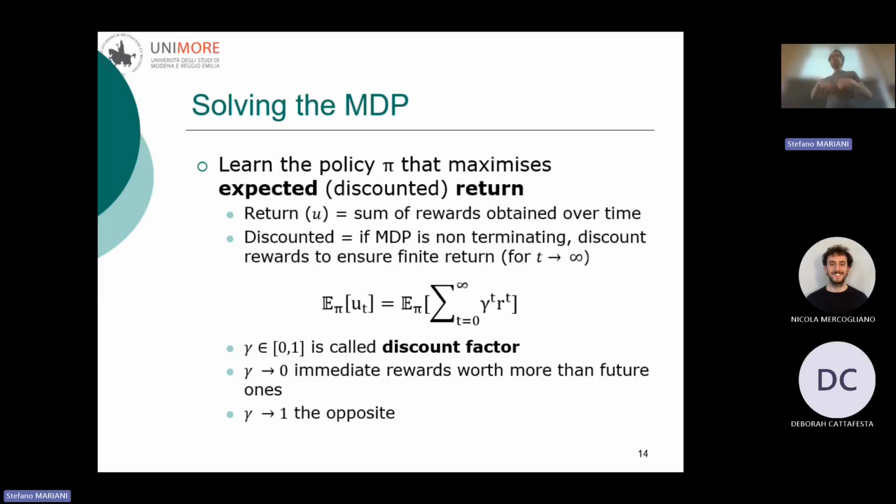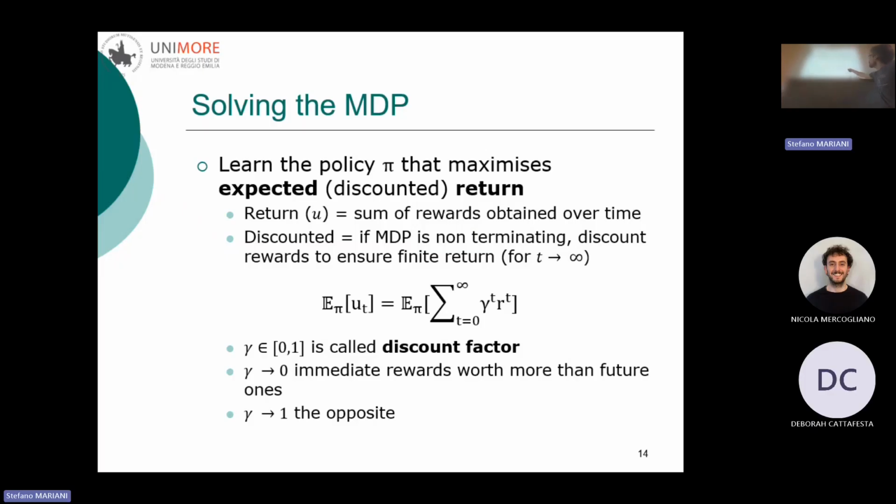Instead, if you have a problem that you can define and design, you have more freedom. You can choose your own discount factor, and this choice follows this implication. If you look at the formula, putting gamma close to 0, or 0 obviously, at one extreme, means that immediate rewards are worth more than future rewards.